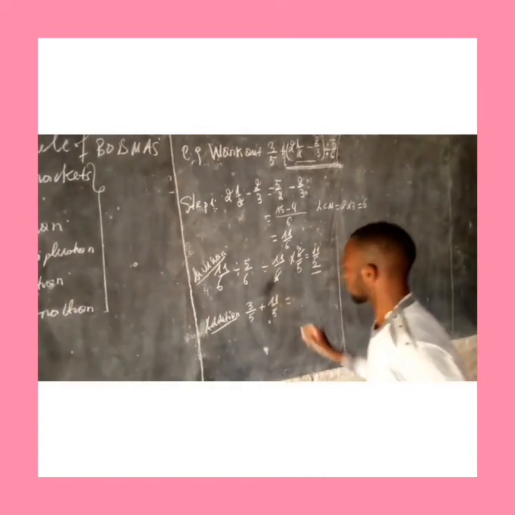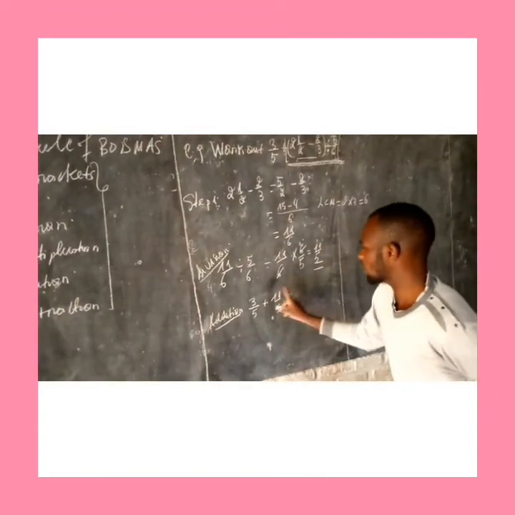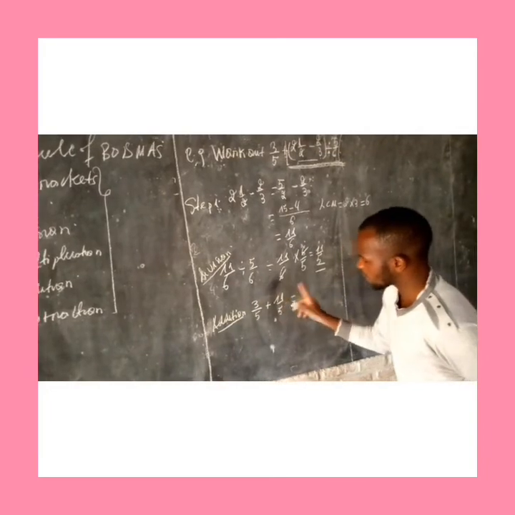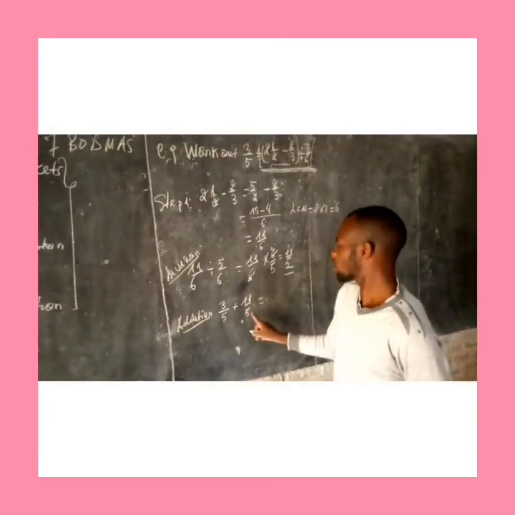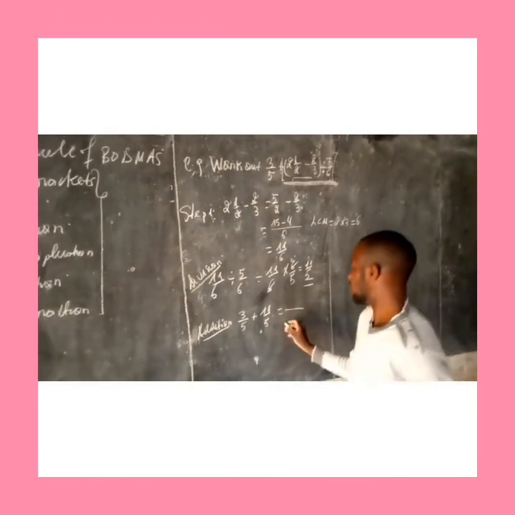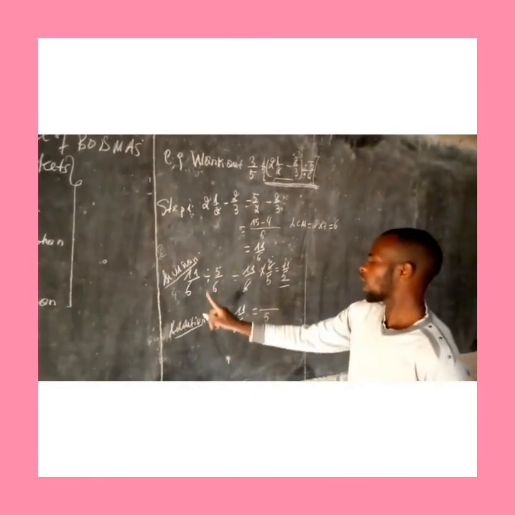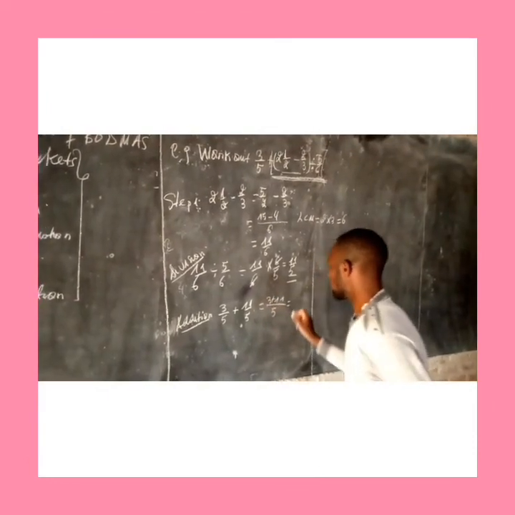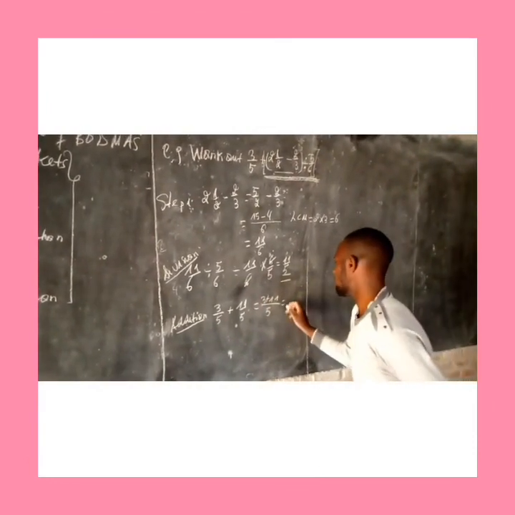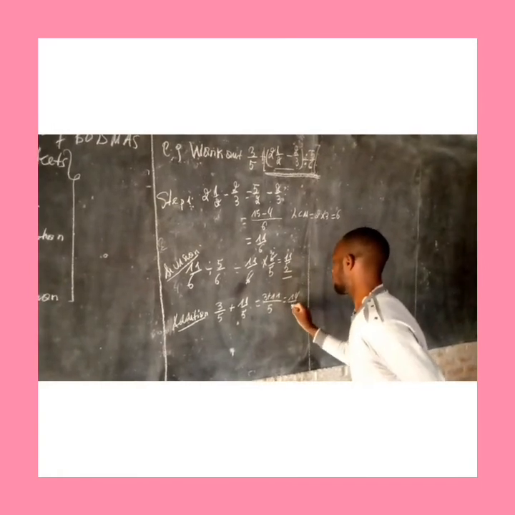And now here we get the addition. Remember that in the addition of fractions where the denominators are the same, you keep one denominator, 5, and now add the numerators. We get 3 plus 11, which is equal to 14 over 5.